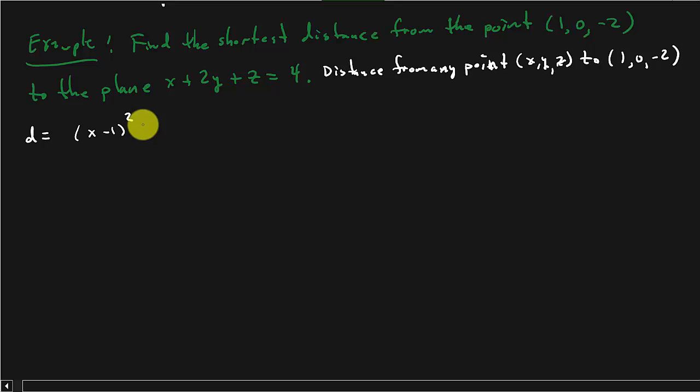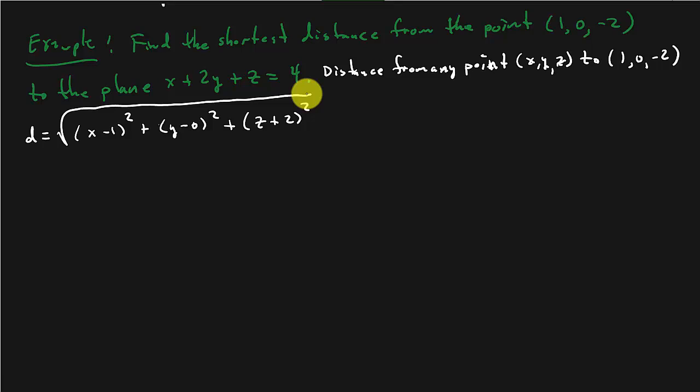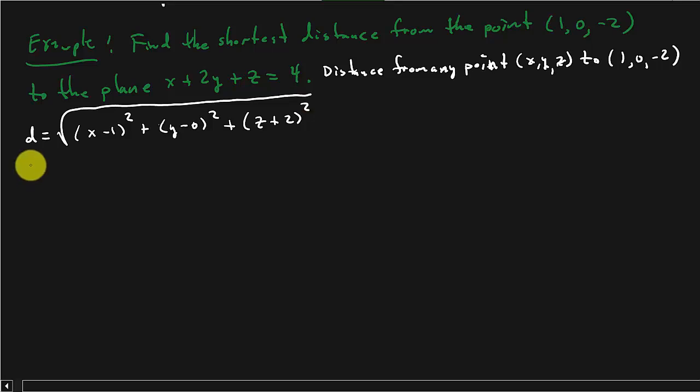The square root of (x minus 1) squared plus (y minus 0) squared, which is just, well, we'll write it out, (y minus 0) squared, and then we have (z minus negative 2), which is z plus 2, squared. All right. So we have the point.